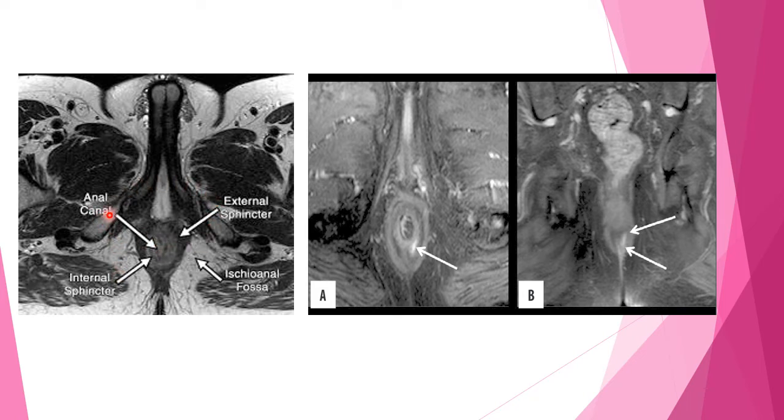This is a normal image. Here it shows a fistula in ano, a superficial intersphincteric fistula in ano. This is the anal canal. Here this is a coronal view showing you an intersphincteric abscess, and an intersphincteric fistula communicating with the anal canal.